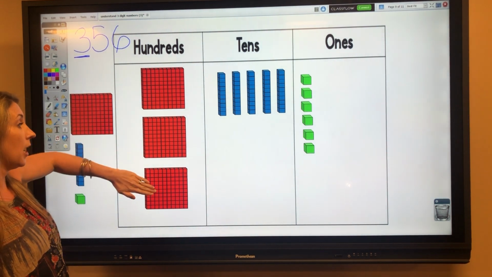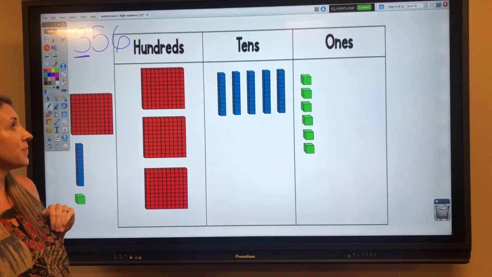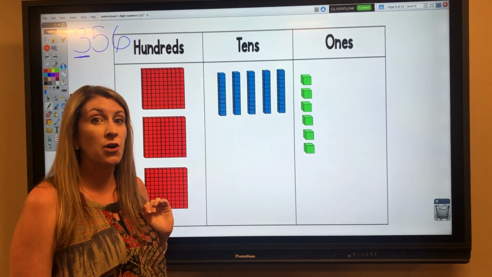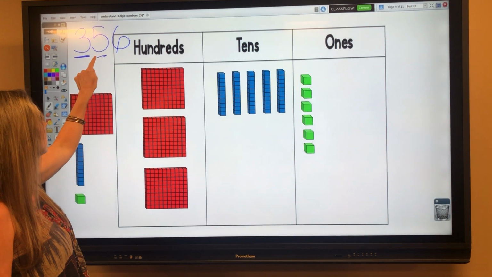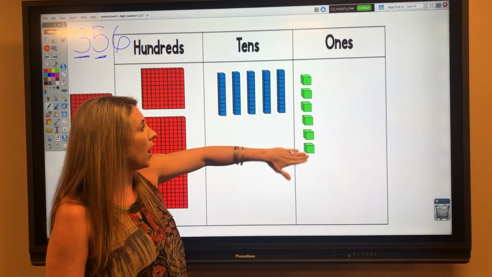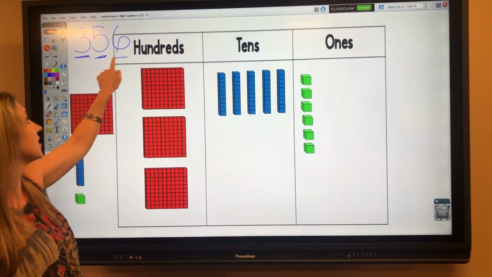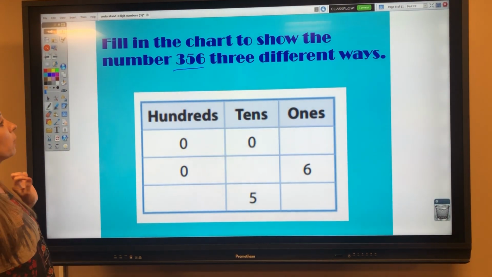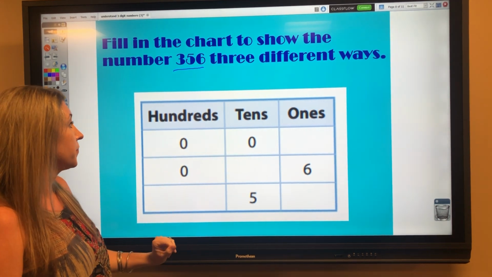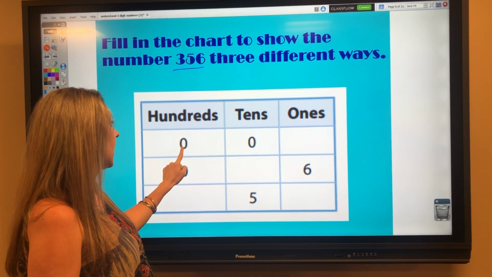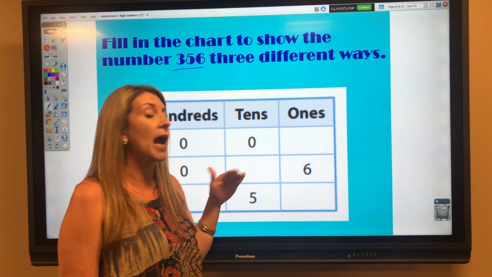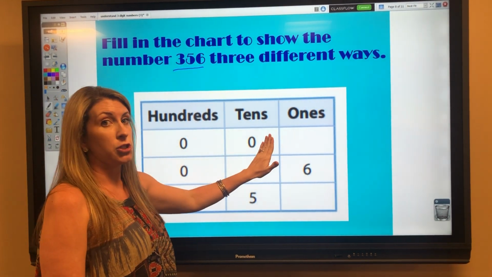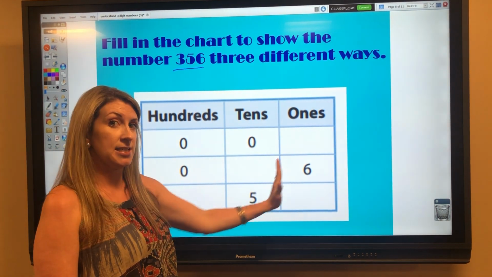So I have 300 flats, 5 10 rods to show there are 5 tens, and 6 1 bits to show there are 6 ones. If I were to start filling in my chart here, I can't write over it if there's already a 0 there. So we couldn't use this one to show 3 hundreds, 5 tens, and 6 ones.